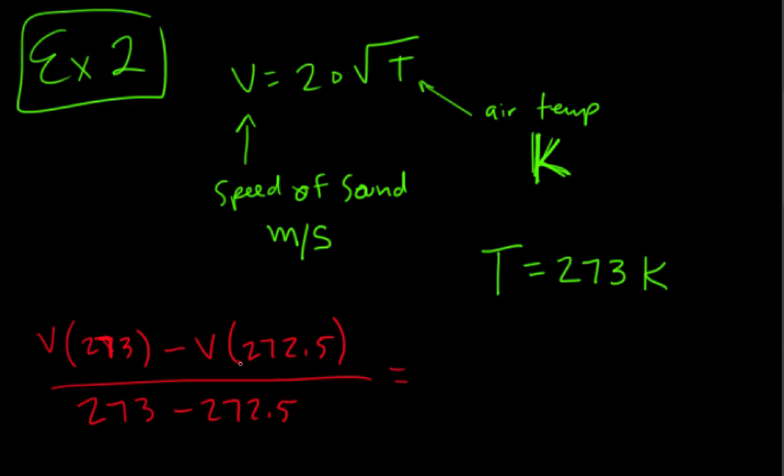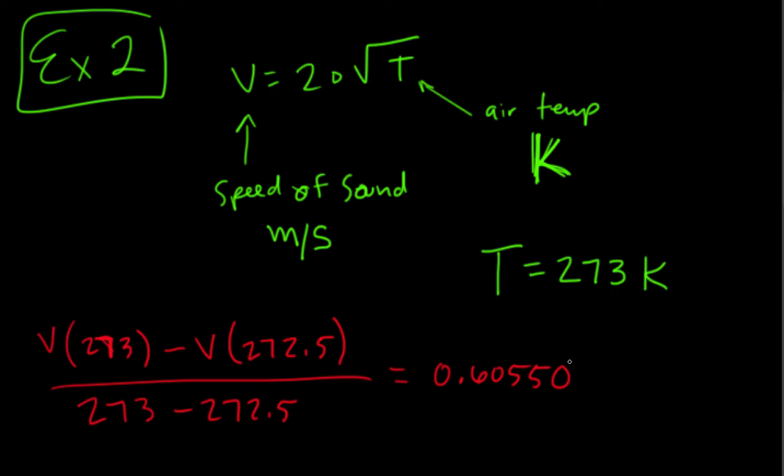Okay, so if we take 273, plug it in here, and then we take 272.5, plug it in here, subtract those, and then divide by this difference, we're going to end up with this. Now, you can look at the tables in the book, or you can look at the graphs that are provided on the sheet below.